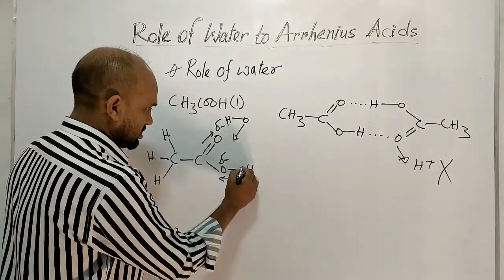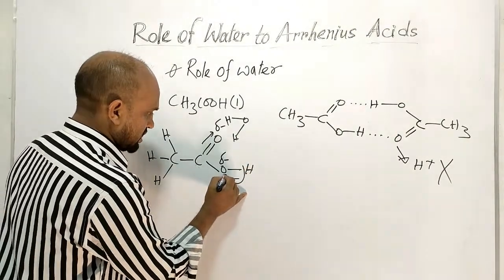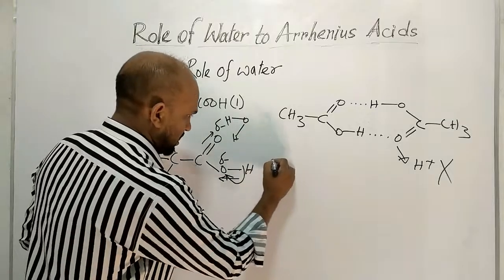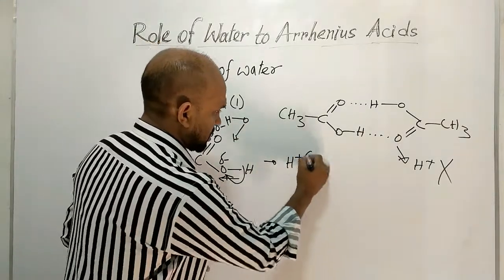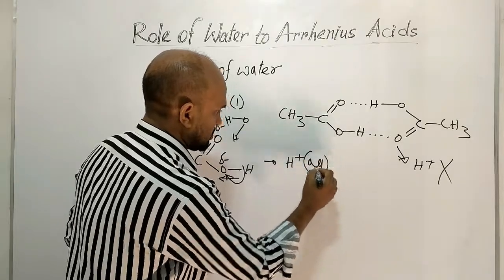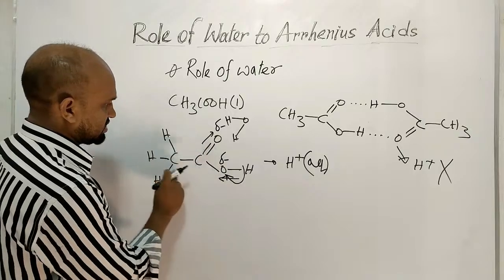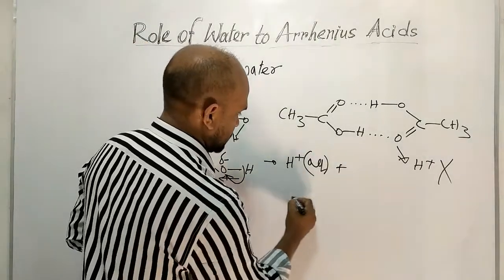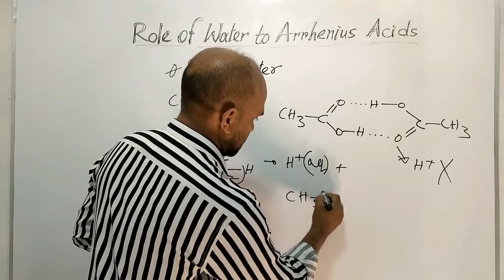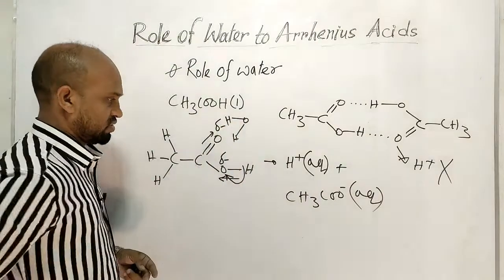At one stage, this hydrogen oxygen bond undergoes heterolytic fission and proton is formed, which is surrounded by water. At the same time, acetate ion is formed, CH3COO-, which is surrounded by water molecule.